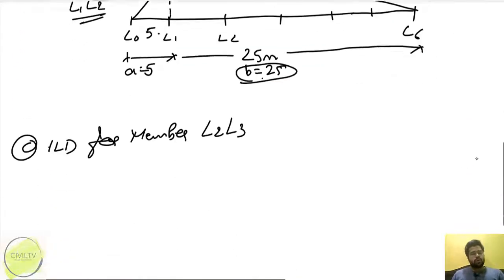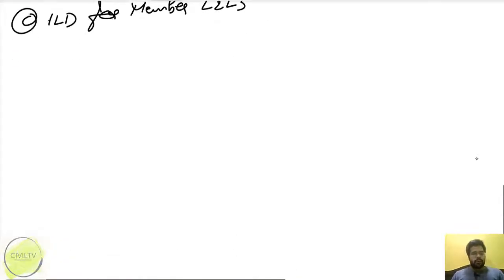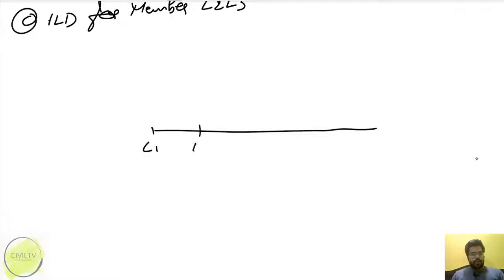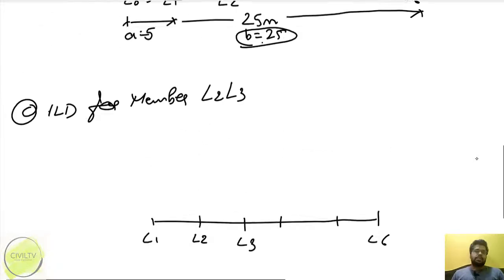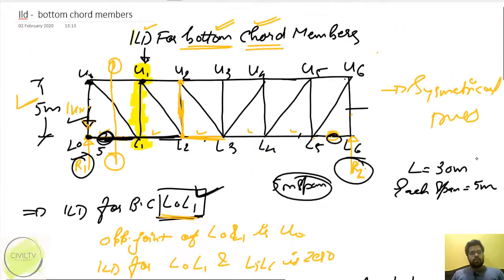So what I will do, I will just draw the span and it will look like this: L0 L1 L2 L3 L4 L5 L6, right. So what I said कि I have to draw the influence line diagram for L2 and L3, ठीक है. The opposite joint is U2, ठीक है. Opposite joint is U2 and U2 is corresponding to L2, so I have to elevate the joint L2.